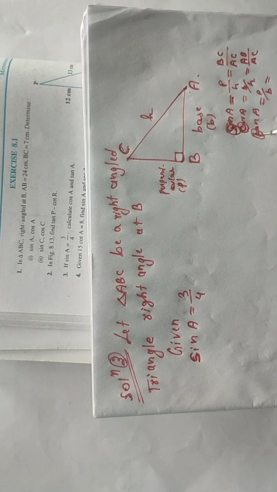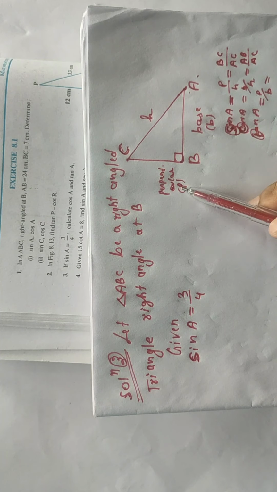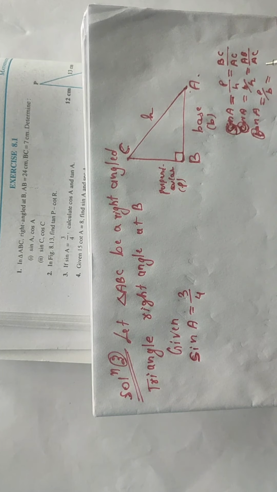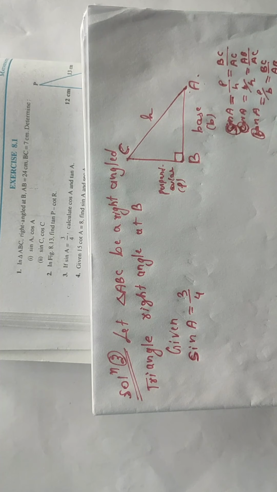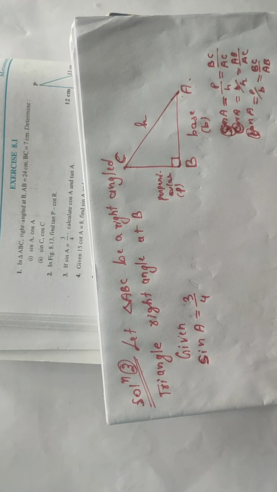So for tan A, P by B. P means side BC, and B means side AB. So this way you have to remember this trick.